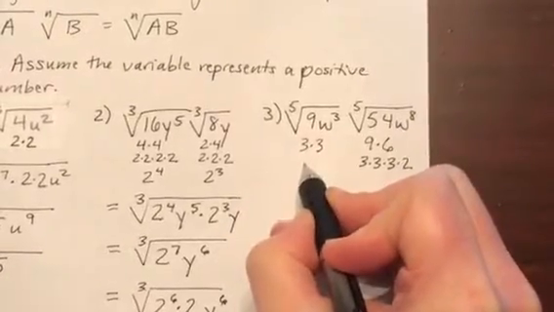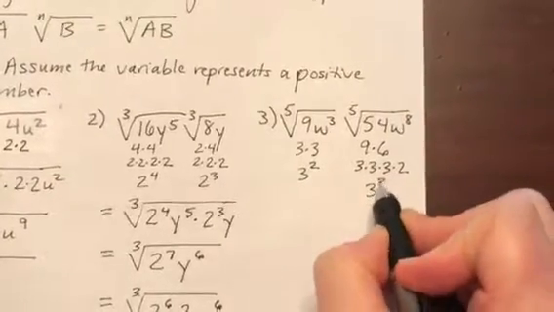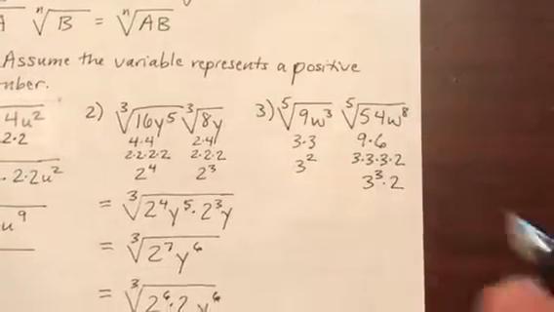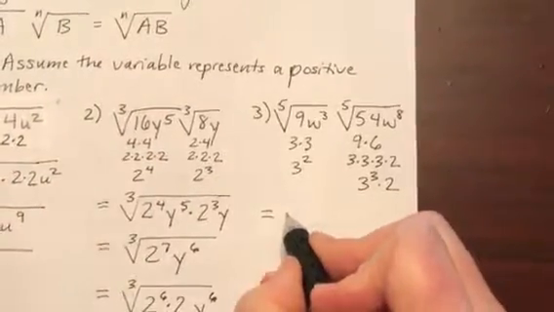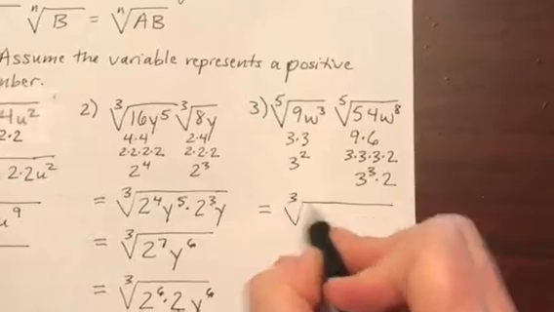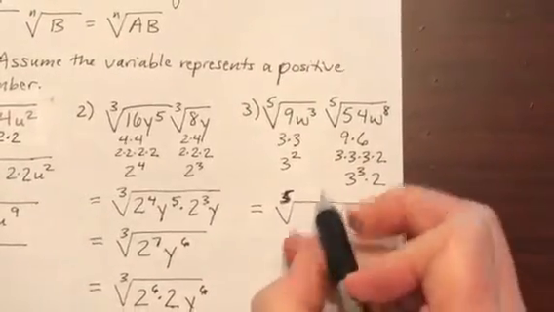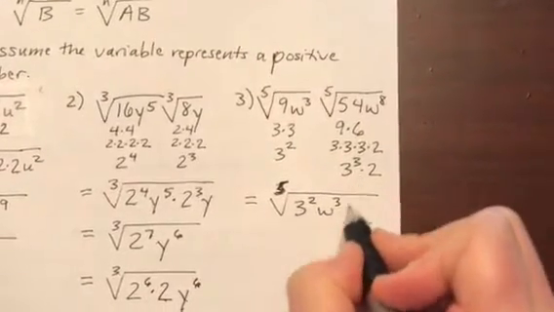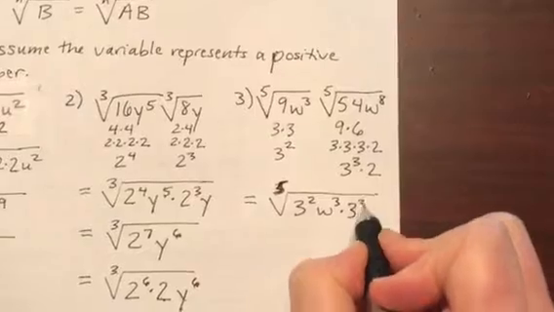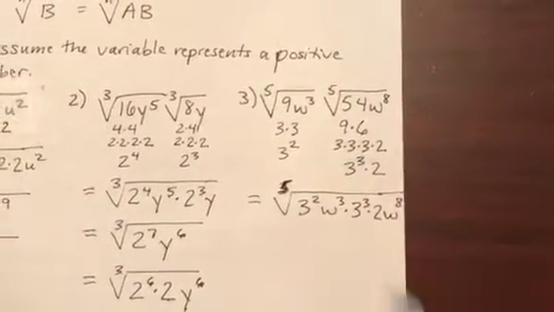And so another way to think of that is 3 squared here, 3 to the third times 2 here. So using this property, we have the fifth root this time of 3 squared w to the third times 3 to the third times 2 w to the eighth.